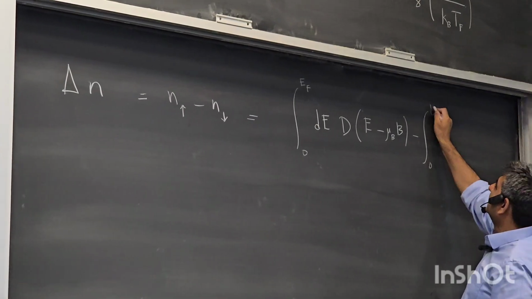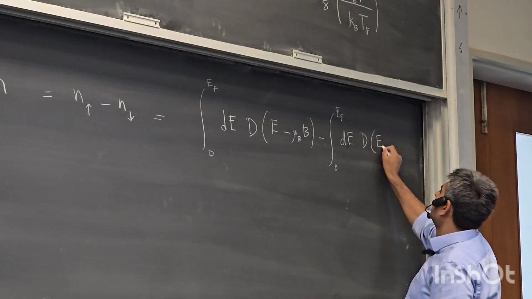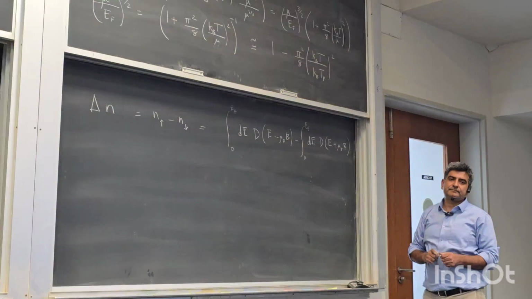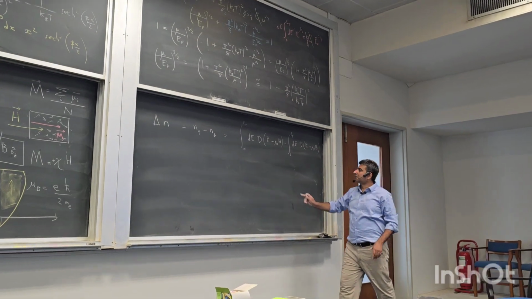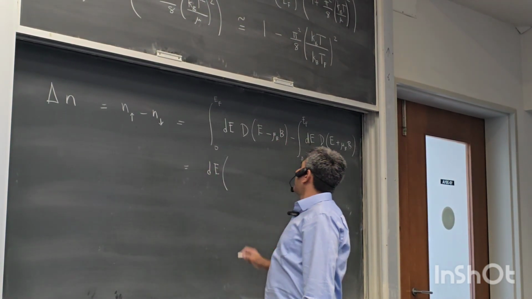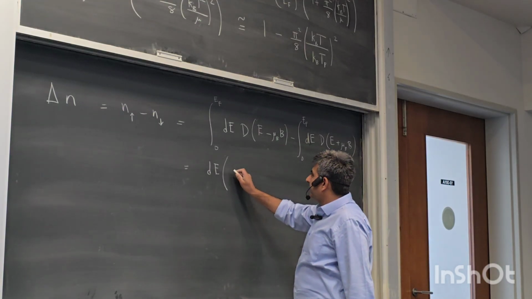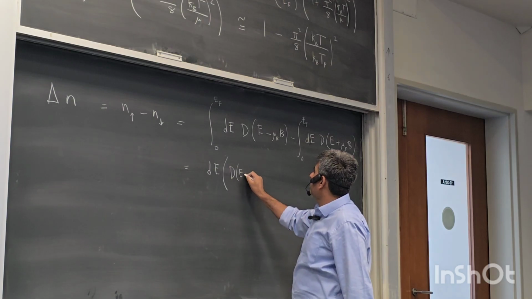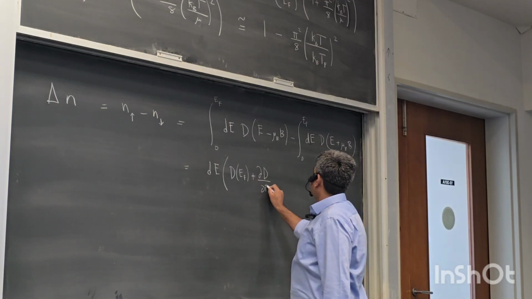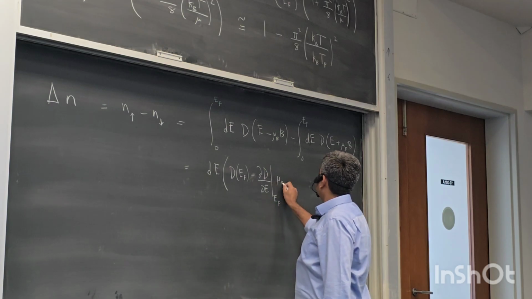minus D(E plus mu_B B) at 0 kelvins. Okay, so this term over here, D(E minus mu_B B), I expand in the absence of a magnetic field, so this becomes D at E_F plus the partial of D over partial E computed at E_F with the minus sign times mu_B B, right?